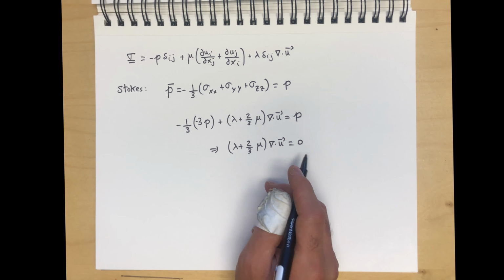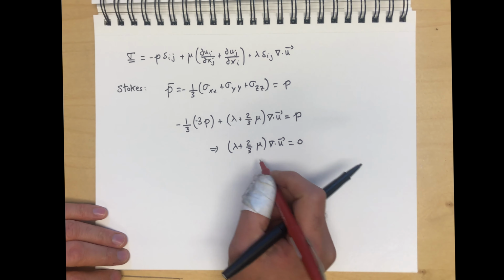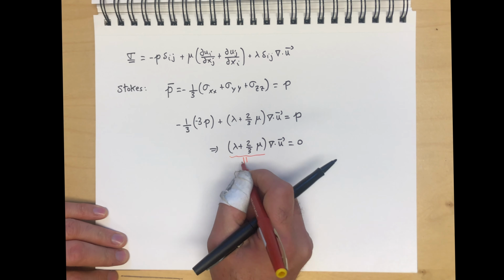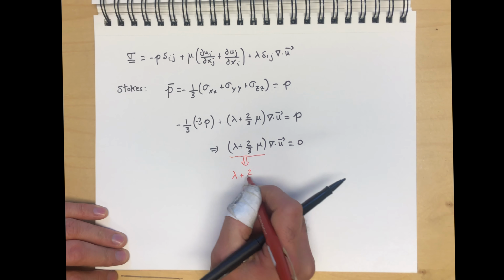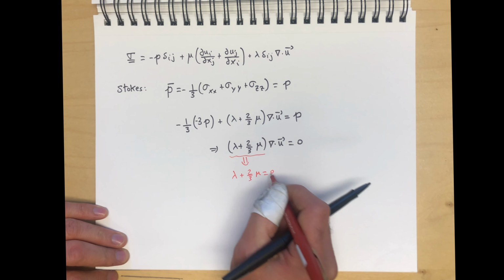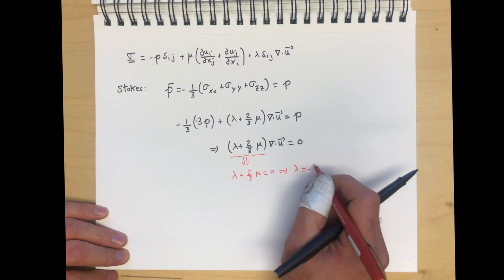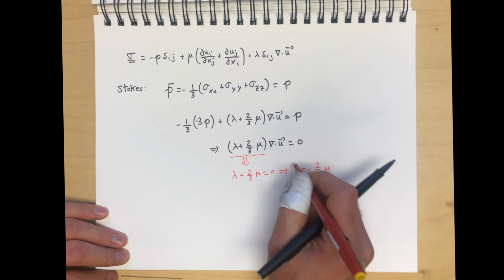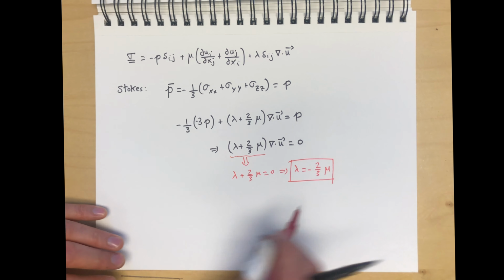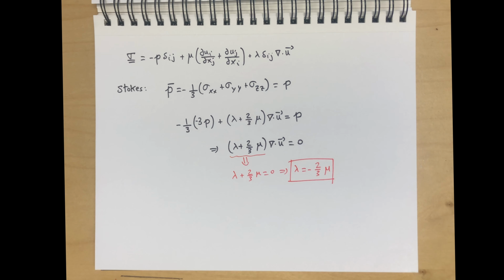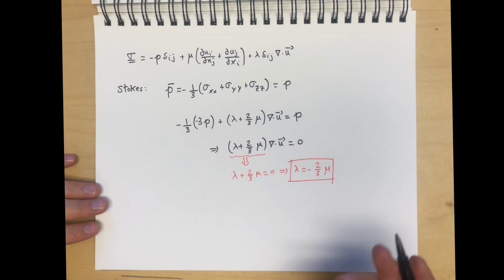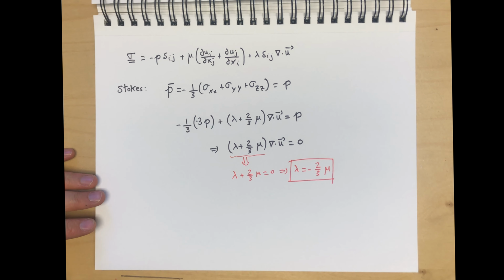And obviously div u is not necessarily 0 in general, so this led him to the assumption that lambda plus 2 over 3 mu is equal to 0, so this implies that lambda equals minus 2 over 3 mu. And, you know, that just takes the problem away, but it's still a good working model.